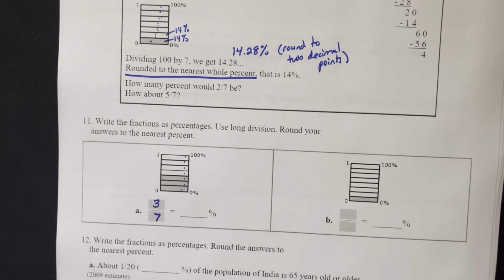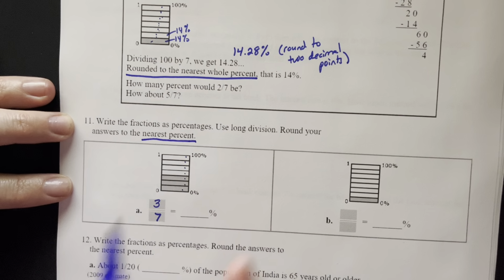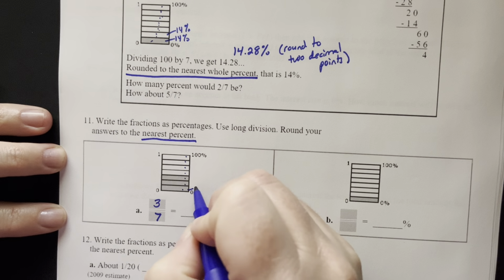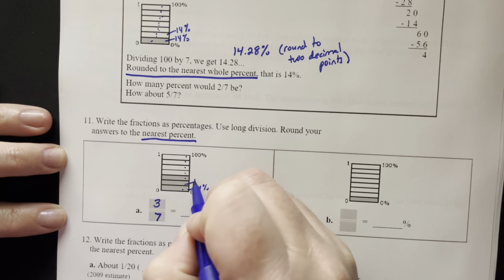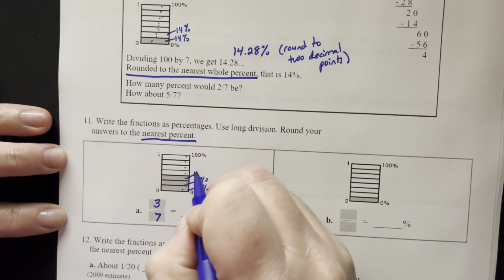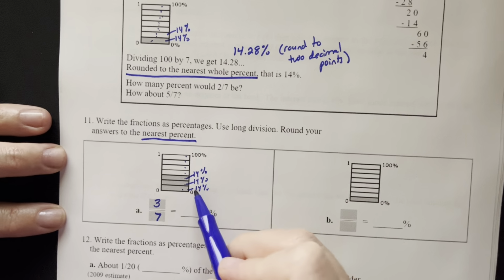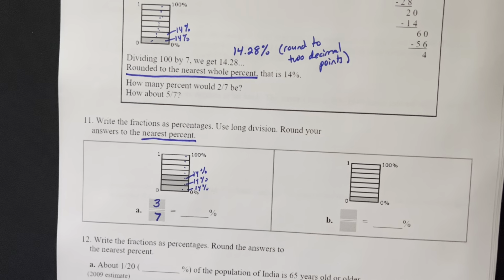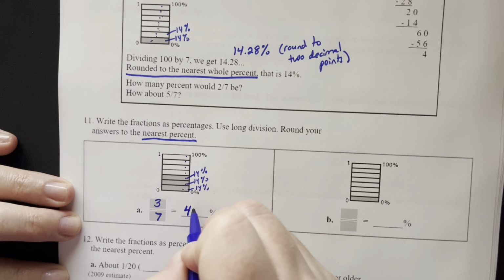The directions say to round to the nearest percent. So we know that from the previous part, each of these was 14%. So 14 plus 14 plus 14 tells us that this is 42%.